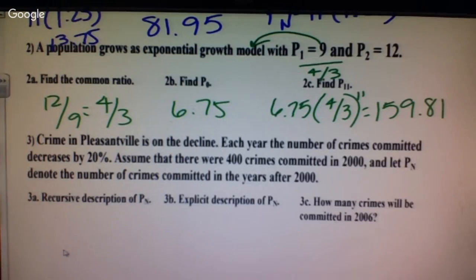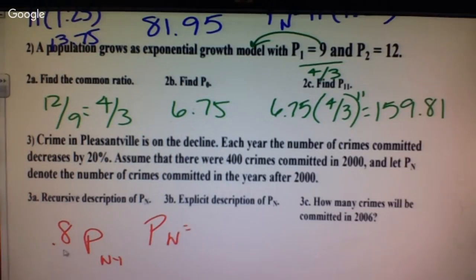What's my R? If I'm decreasing by 20%, 80. So 0.8 times P sub n minus 1. So your pattern is you multiply by 0.8 each and every time. So what does my explicit description look like? P sub n equals?